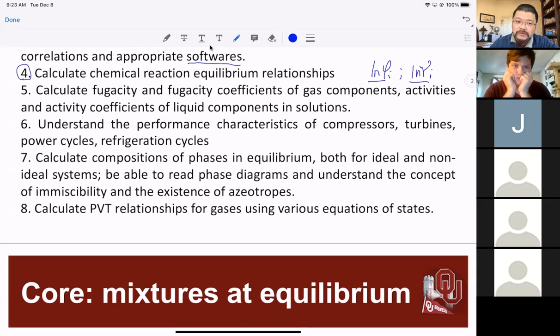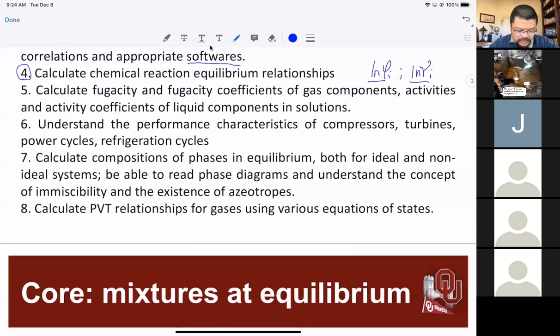So there you need to combine the first and second law, combine the understanding of the Carnot cycle, and then we need to calculate work, heat, efficiency, and so on, right? So we have that covered as well.